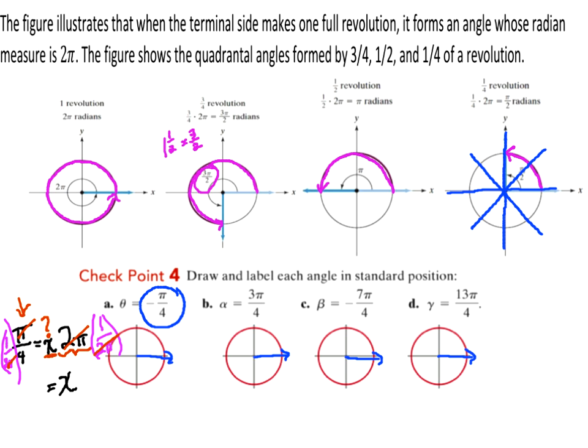So I found out that an angle of negative pi over 4 radians is equivalent to 1/8 of a revolution backwards, or clockwise around the circle. That's exactly why I cut this circle up here into 8 pieces. So you can see 1/8 of a revolution is going to take you to that negative 45-degree angle there.